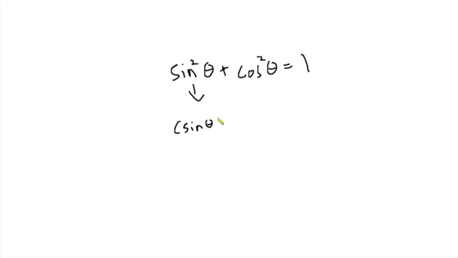If you have to plug in values and solve with a sine squared or a cosine squared, then the way you do it, it's really important just to keep this straight. Sine squared theta is the same as sine theta squared. So you're basically taking sine of theta and multiplying it by sine of theta.